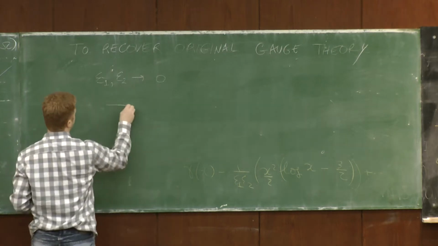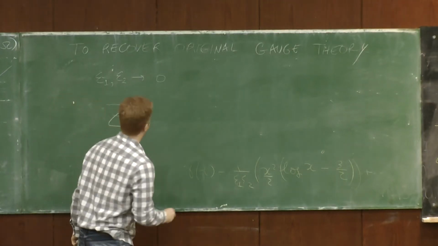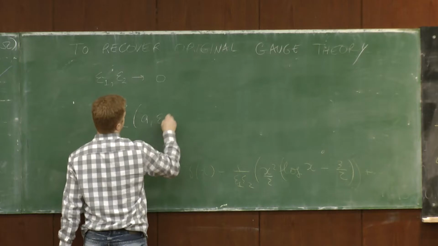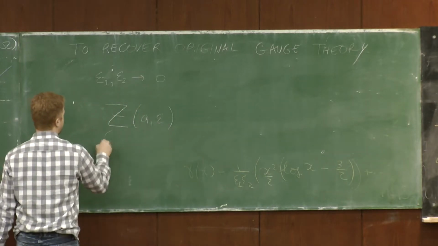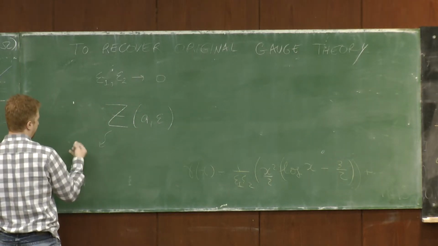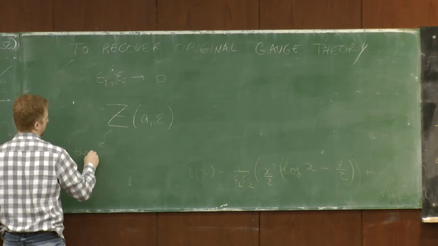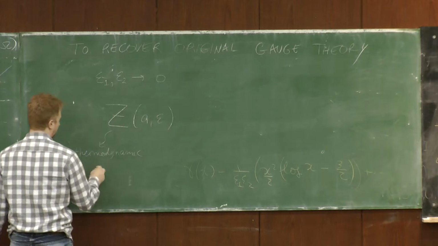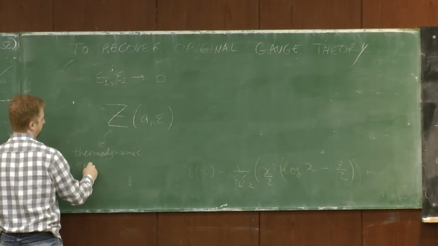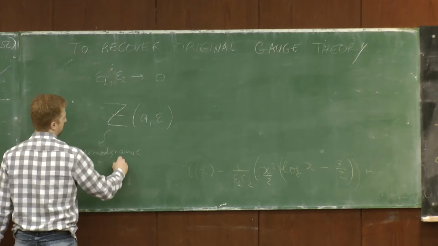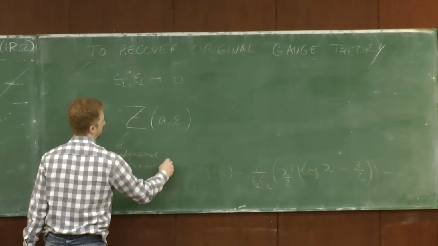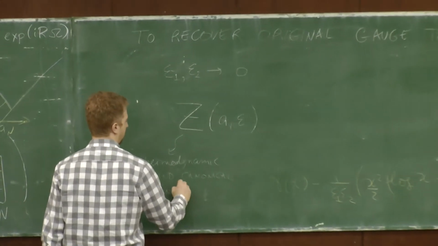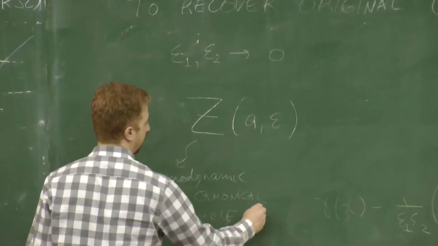Now, so we have this partition function Z. And we think about this as a thermodynamic quantity. So it's a grand canonical ensemble of instantons.